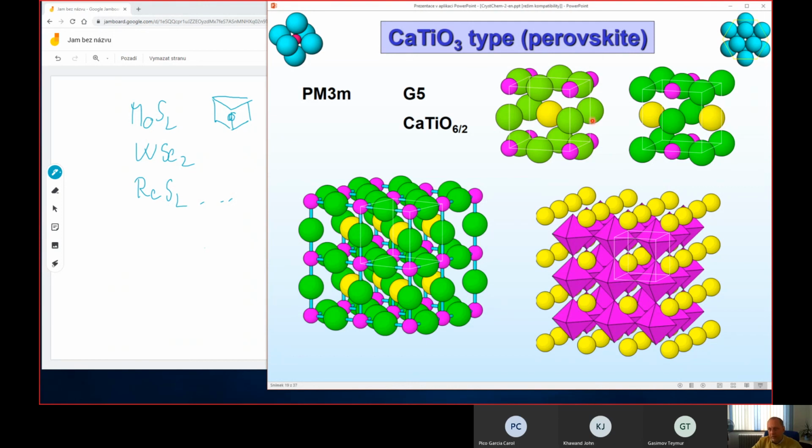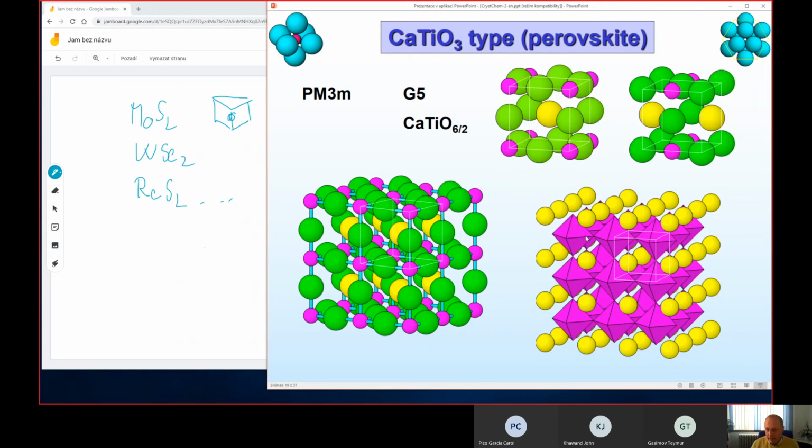This unit cell is just shifted by 1/2 of one lattice parameter. So here we have this large cation in the center of the unit cell, and here it is in the center of two faces. And here the small cations which fill the octahedral sites are on edges, while here they are in the corners.